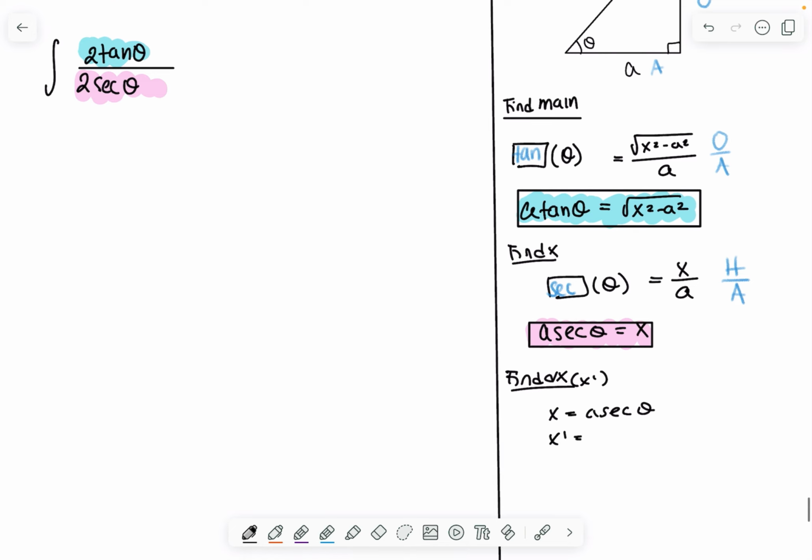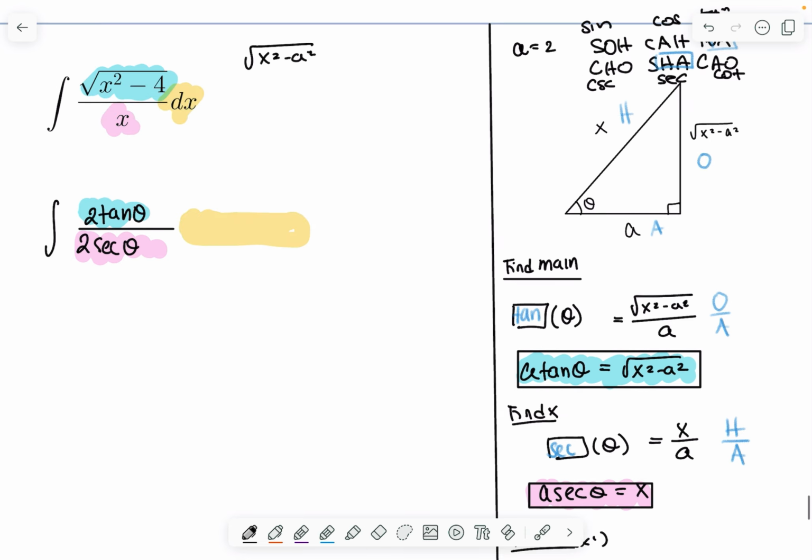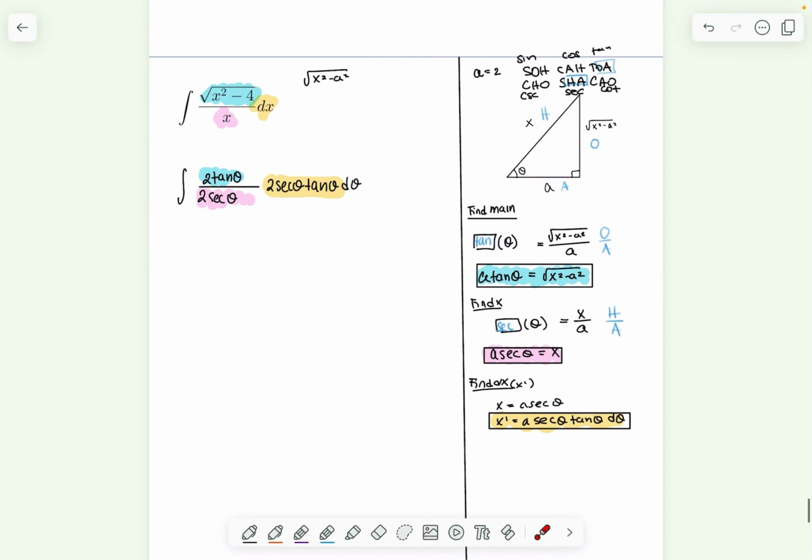So x prime is going to be a times secant of theta times tangent of theta d theta because I took the derivative. And that's another beautiful substitution that we have here. So it's going to be 2 secant theta tangent theta d theta. Now there are no bounds to put in terms of theta, so we don't have to worry about that. And we ended up putting everything in terms of theta successfully, so we're good.